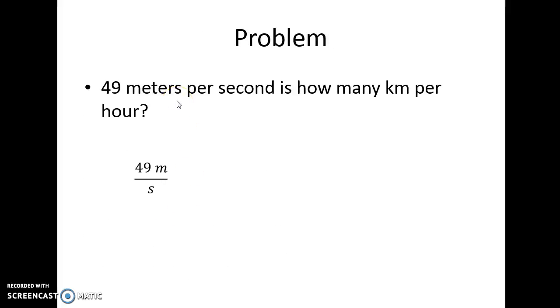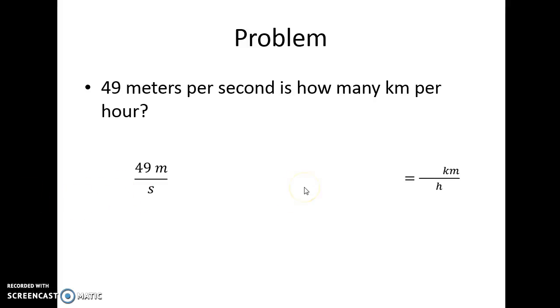To do 49 meters per second, you start with the measurement. Now, you were going to kilometers per hour, so we're going to have to do two conversions. First, we have to convert meter to kilometer, then we have to convert second to hour. So let's start.